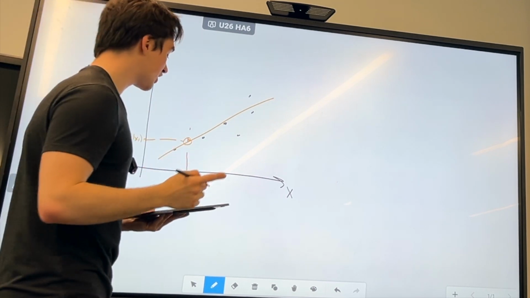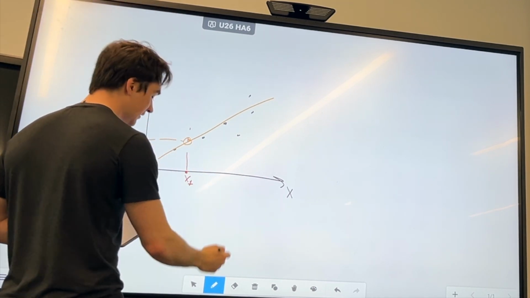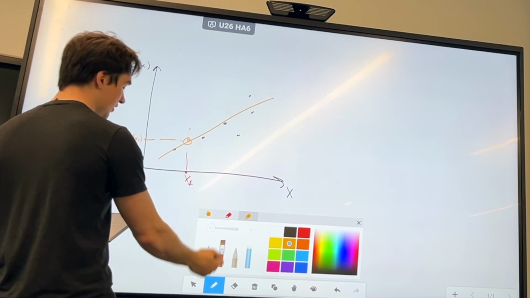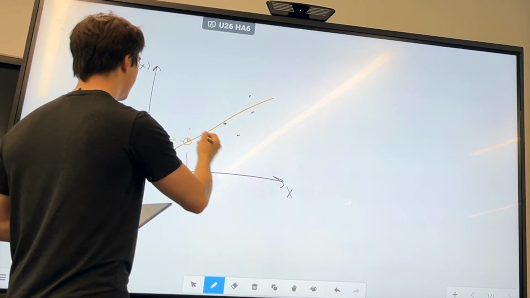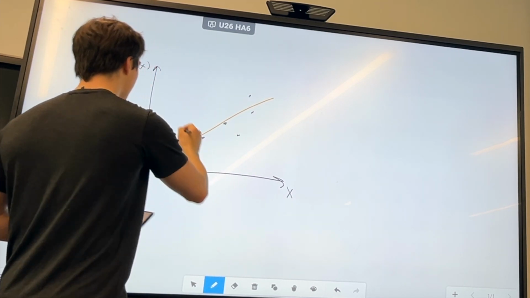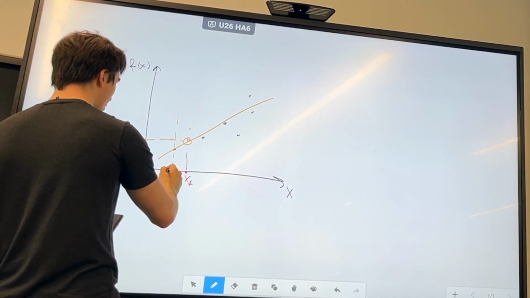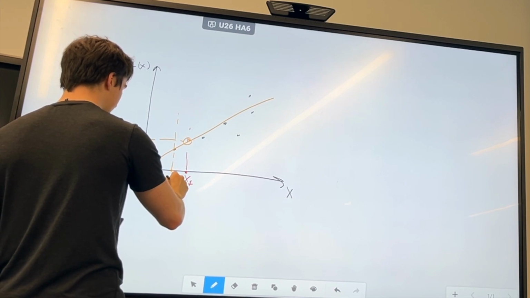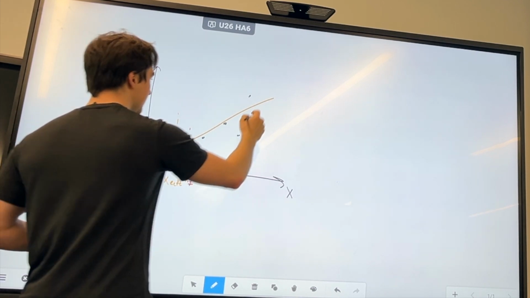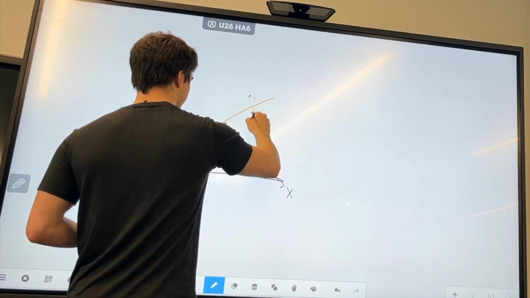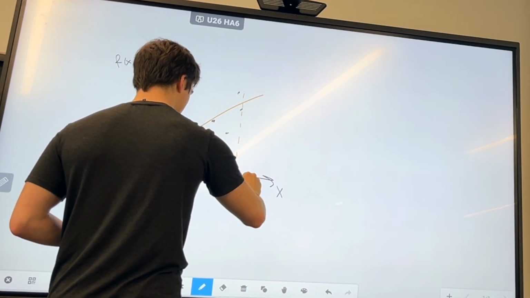Extrapolation is when we want to find a value outside of the range of our points, and the range of our points actually lies between the most left point, let's call it x left, and the most right point, x right.